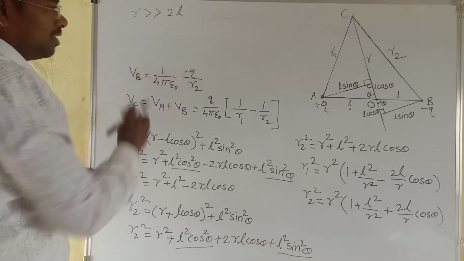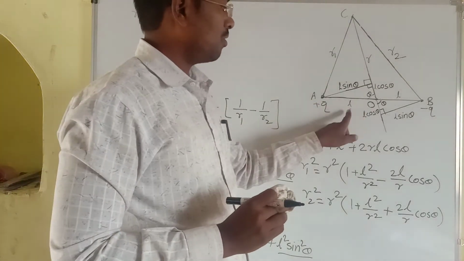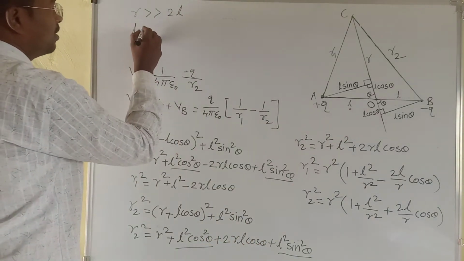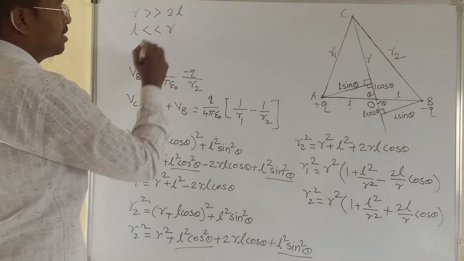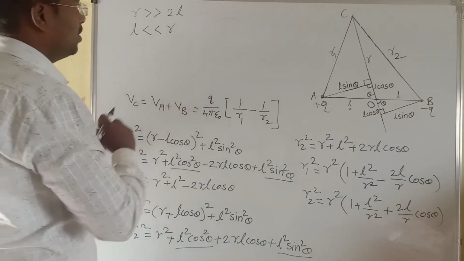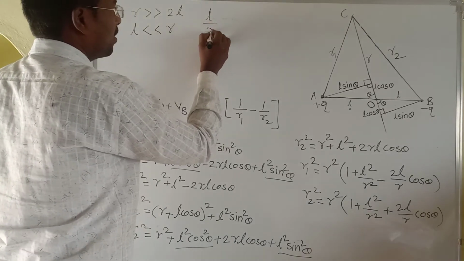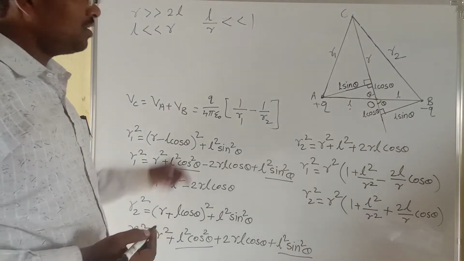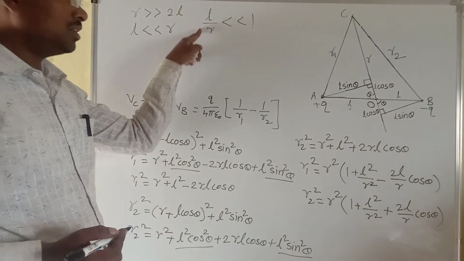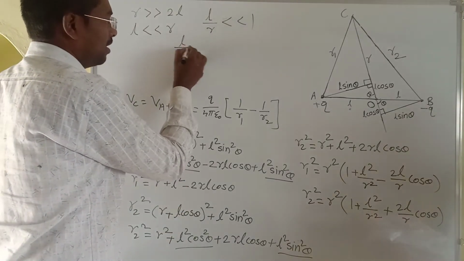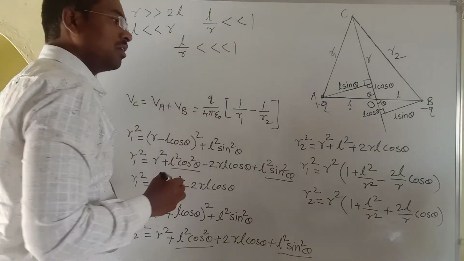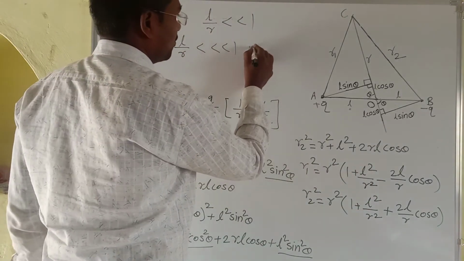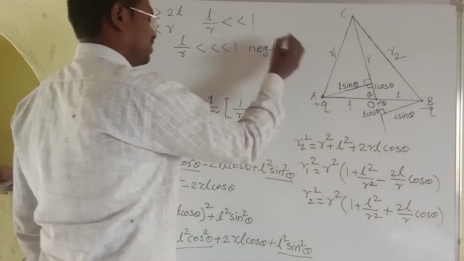Or if we compare this distance AO or L, which is very short, therefore L is very short compared to R. Or if we take that ratio L upon R, it is very much less than 1, and if we square this term, it is again very much less than 1. So we can neglect this L square upon R square from this term. We can neglect this term.